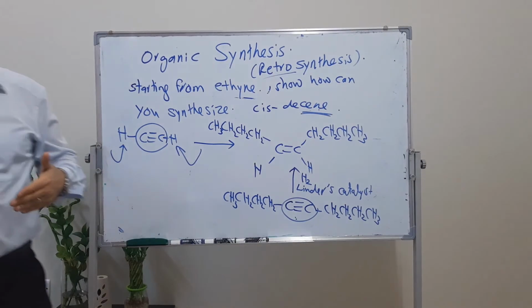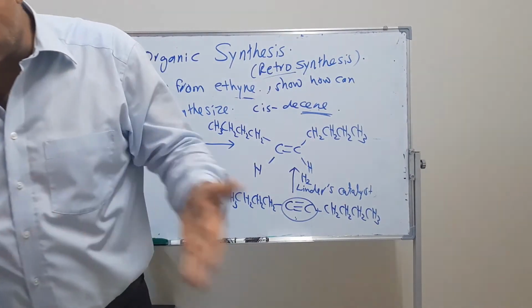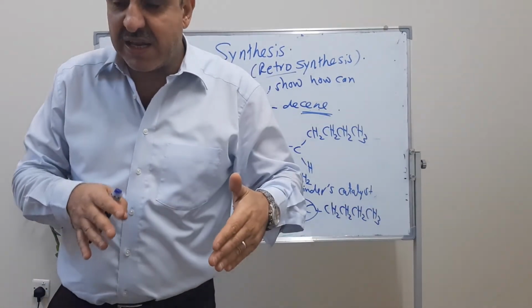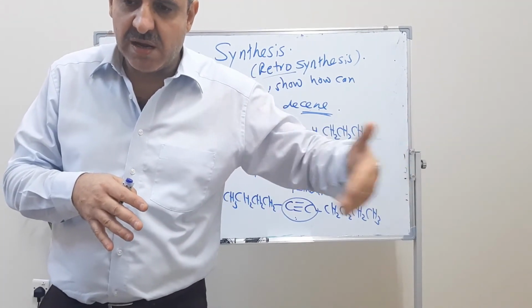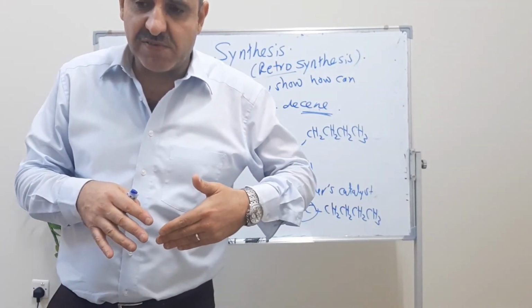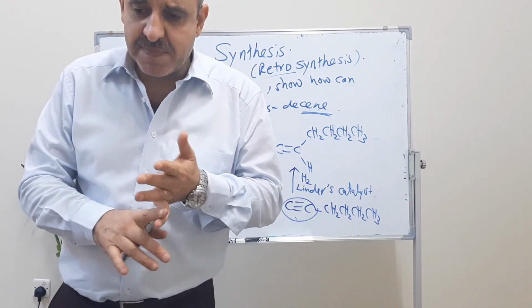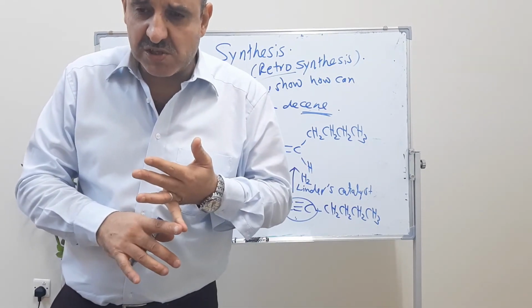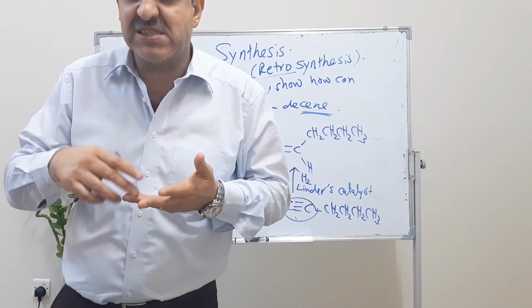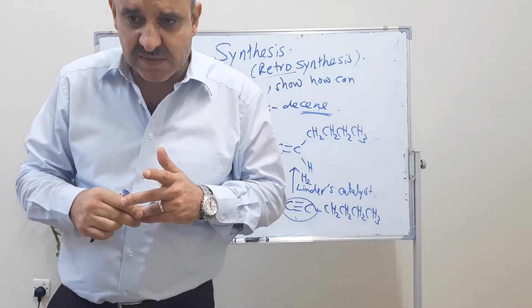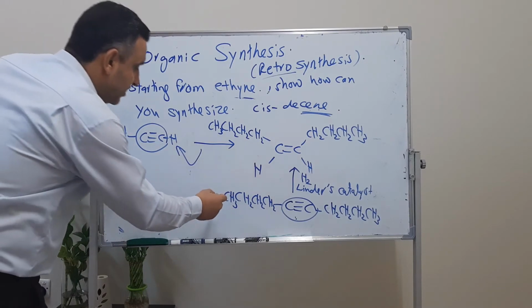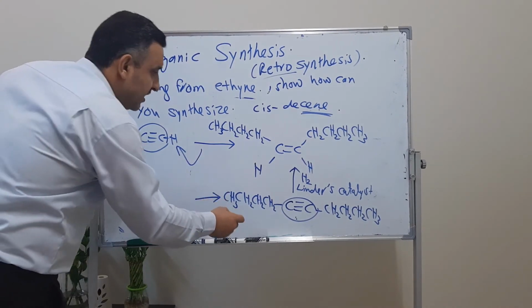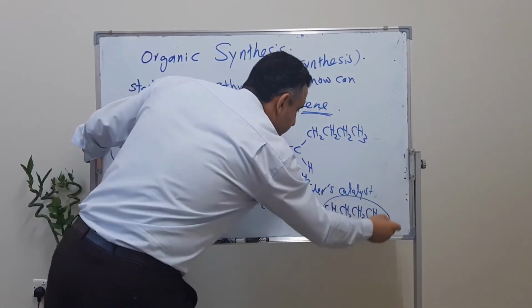We know this because we just said a terminal alkyne can be elongated to a longer chain by a series of two steps. First step by reaction with sodamide, and then second by reaction with alkyl halide. The same thing is the same.